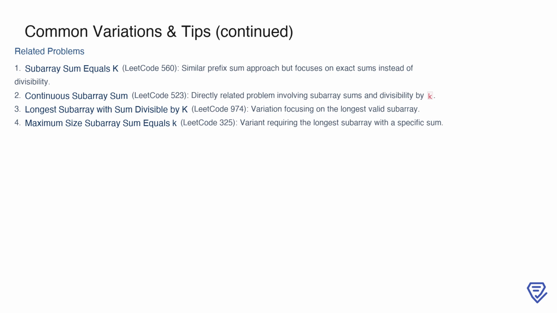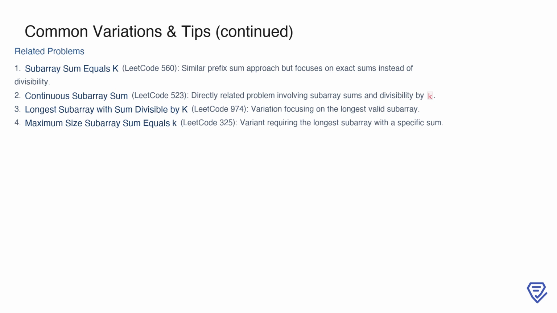For variations, you might encounter problems like longest subarray with sum divisible by k, which focuses on finding the longest valid subarray instead of simply counting them. Similarly, Maximum Size Subarray Sum Equals K, LeetCode 325, requires identifying the longest subarray with a specific sum. These problems all build on the concepts of prefix sums and modular arithmetic, so mastering one can make it easier to tackle others.